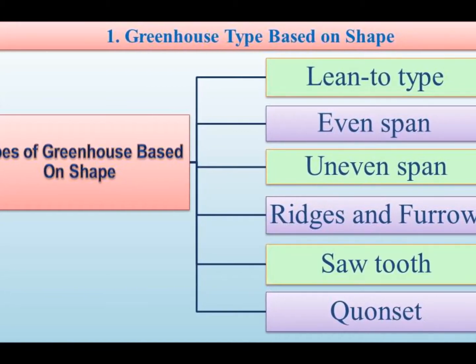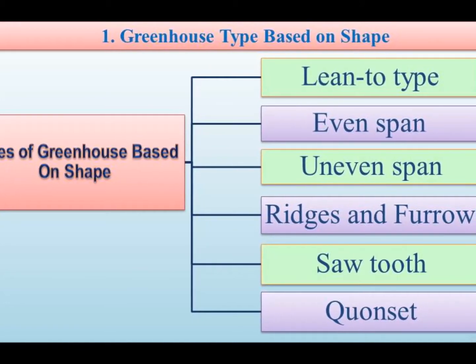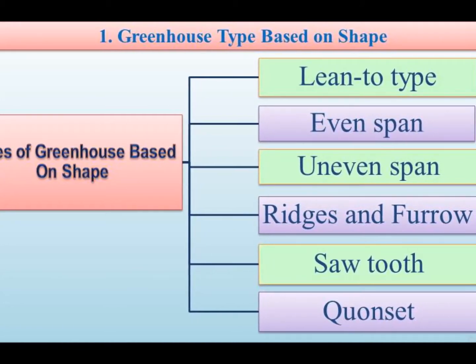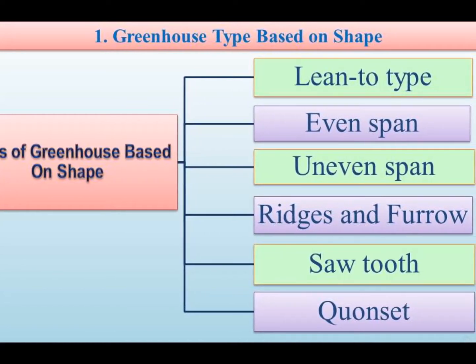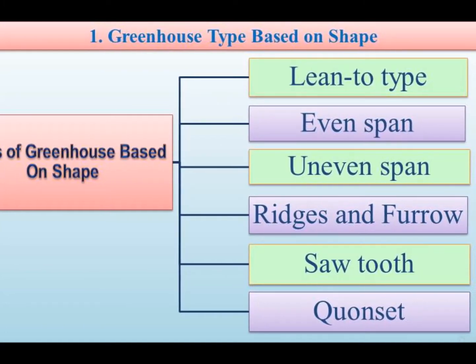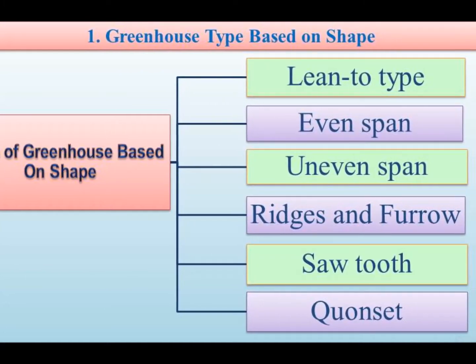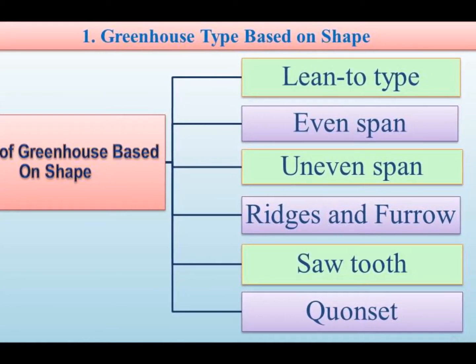Some factors affect the polyhouse, such as the budget of the polyhouse. Second, material requirements and availability of materials. Area of the region. Next, crops to be grown under the polyhouse and long-term use of the polyhouse.